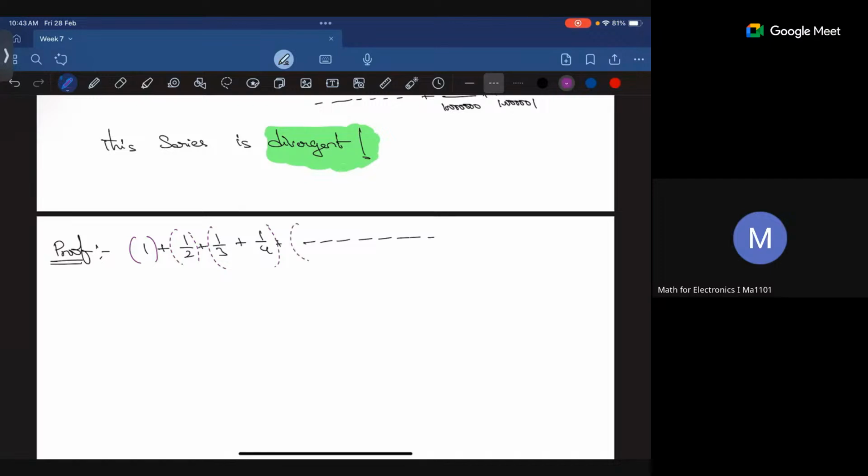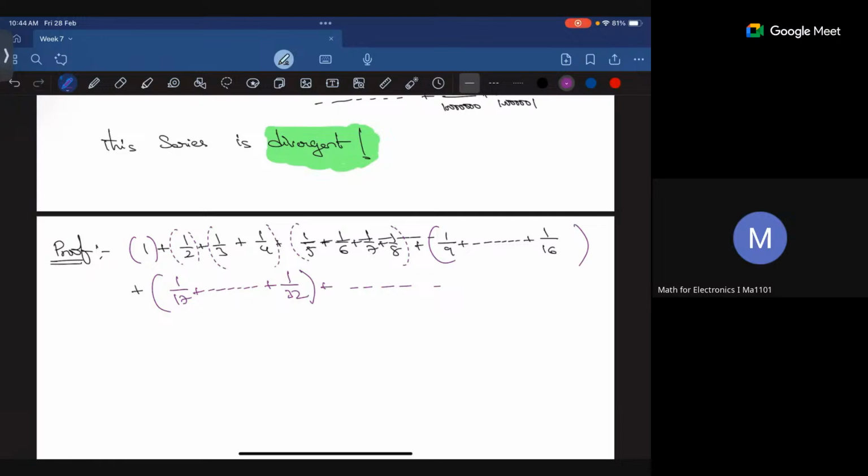Then I'm going to group 1 by 5 plus 1 by 6 plus 1 by 7 plus 1 by 8 together. So 4 terms together. Then next, I am going to combine 8 terms together, which is 1 by 9 to 1 by 16. And then the next group will start from 1 by 17 and go to 1 by 32, and so on. So I'm just grouping them.